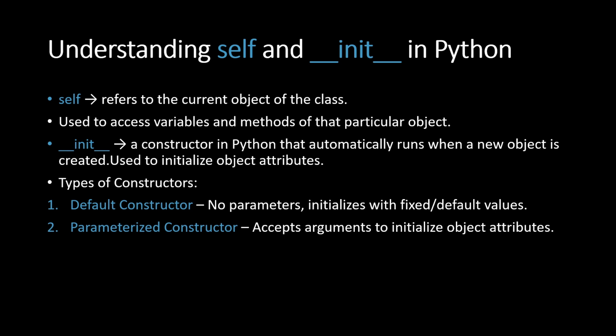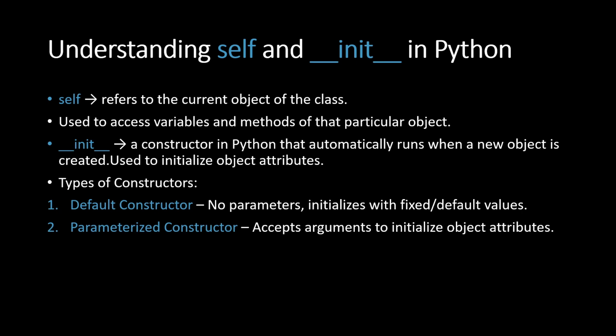While init is a constructor in Python that automatically runs when a new object is created using that class, right? So when we create an object from that class, this init method is used.